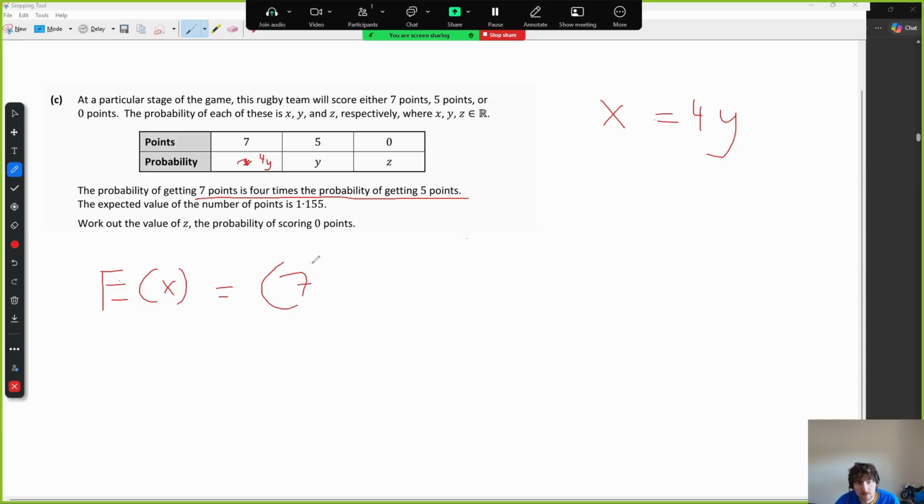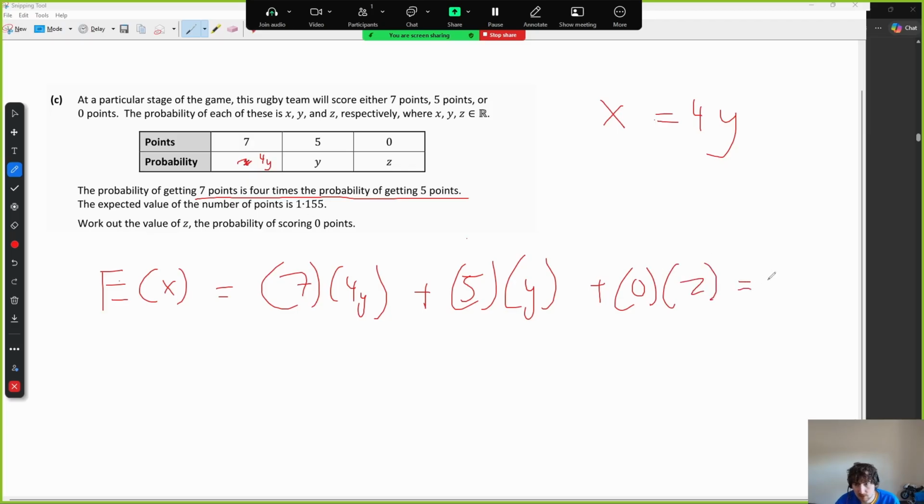So it's the amount you get by the probability of getting it, plus the amount you get here by the probability of getting it, and then the amount you get by the probability of getting it, which is z. And all that's equal to this number they say in the question, 1.155. Okay, so the great thing is this goes to 0 here.